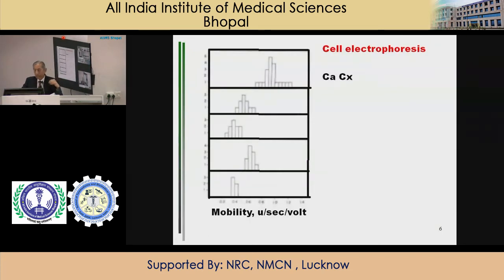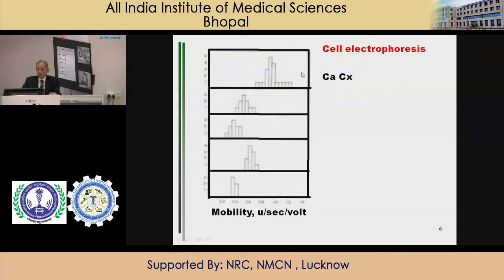Single cells can be suspended in some liquid, and if you put them under an electrical current, the cells will move, because the cell surface contains negative charges, and therefore they will move to the positive pole. The mobility depends on the cell surface charge, and these cell surface charges are mainly due to the sialic acid content on the cell surface.